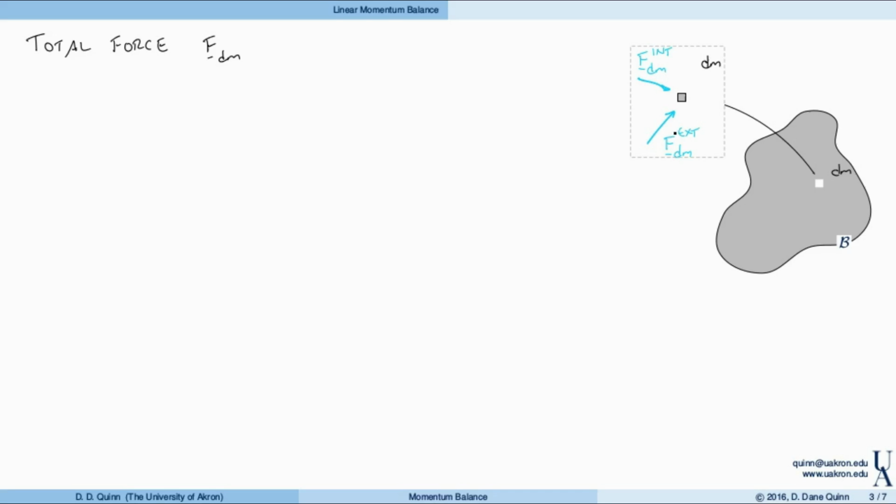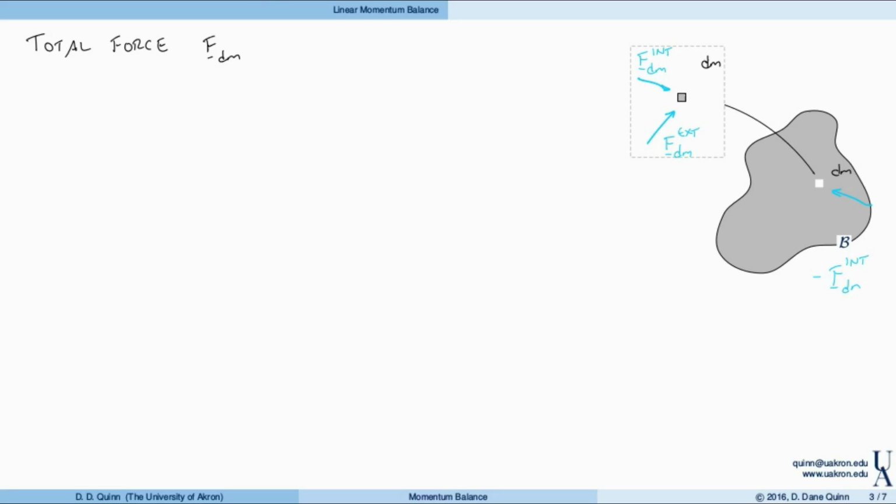So again, we have external effects and internal effects. On the object itself, we have the equal and opposite force from this component, which is minus F dm internal. And of course these have to balance out because of Newton's third law.